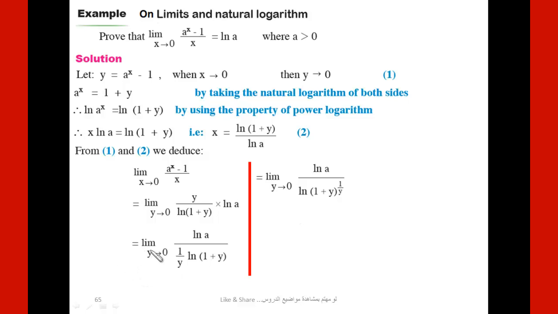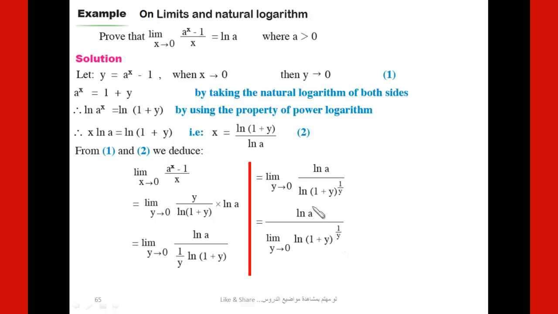So this limit equals limit ln A over ln 1 plus y all power 1 over y as y tends to 0, equals ln A over limit ln 1 plus y all power 1 over y.